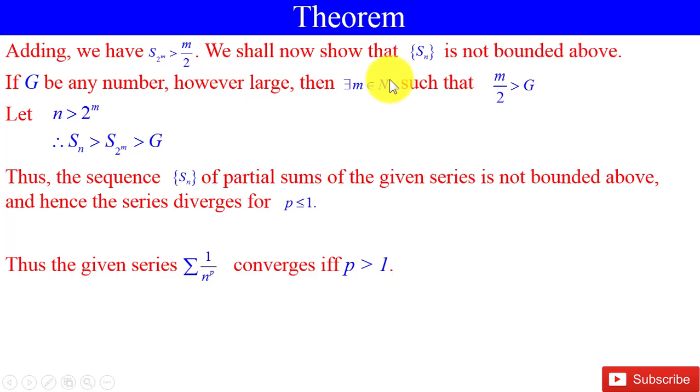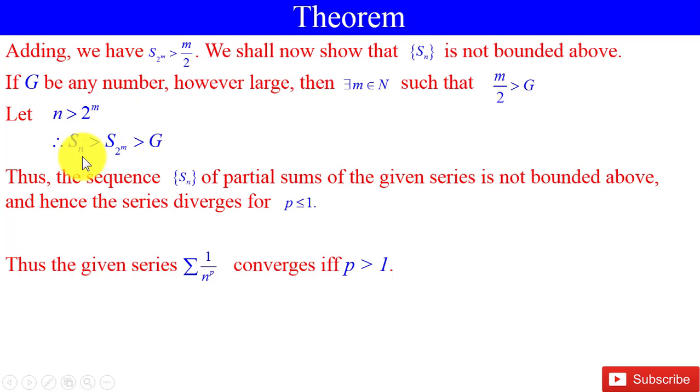We shall now show that S_n is not bounded above. If G be any number, however large, then there exists m belonging to N such that m by 2 is greater than G. Let n be greater than 2 raised to the power m.